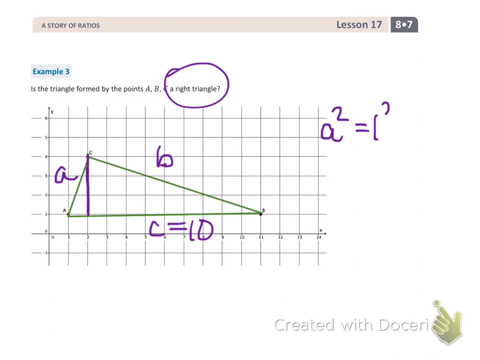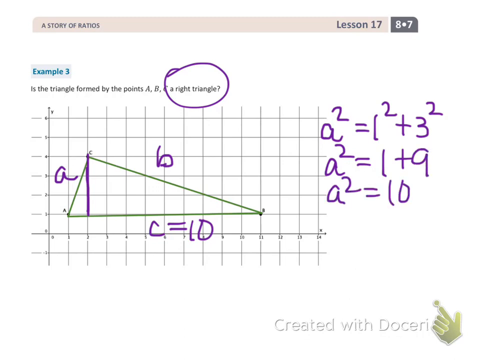So I've got 1 squared plus 3 squared. So A squared is equal to 1 plus 9. So A squared is equal to 10. So A is equal to the square root of 10.